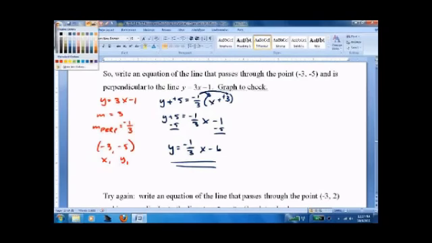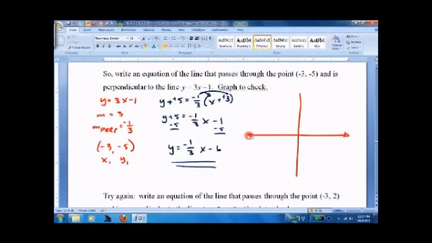Let's do a little graph in here. And let's put the new one in blue.